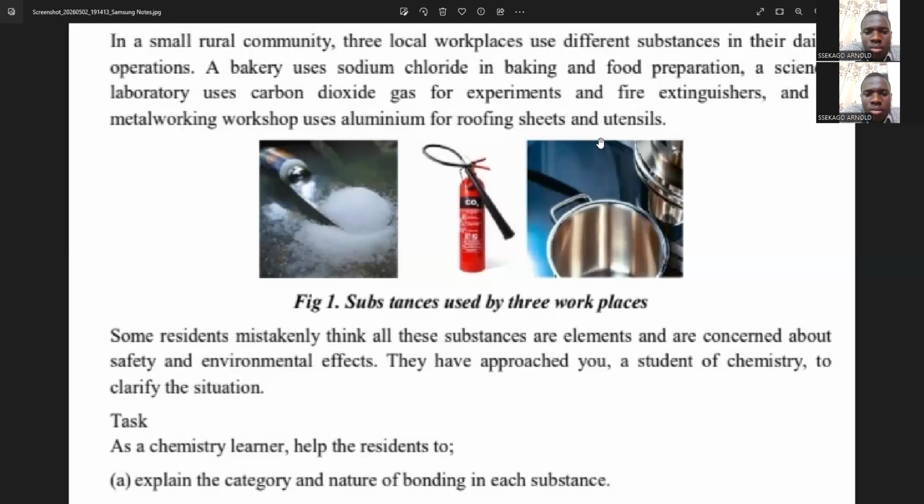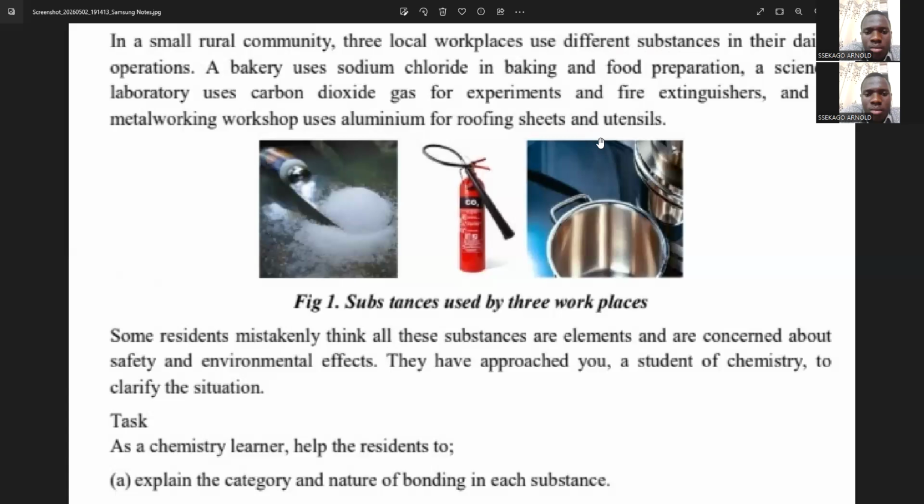So what are the substances given here? We have sodium chloride in baking and food preparation. Then we have carbon dioxide for experiments and fire extinguishers, and aluminium for roofing and utensils. There are 3 substances.